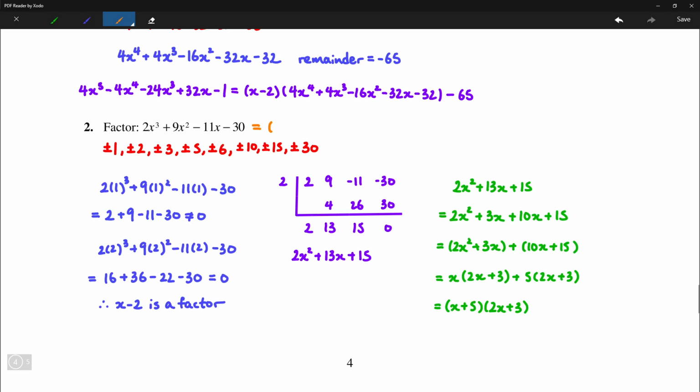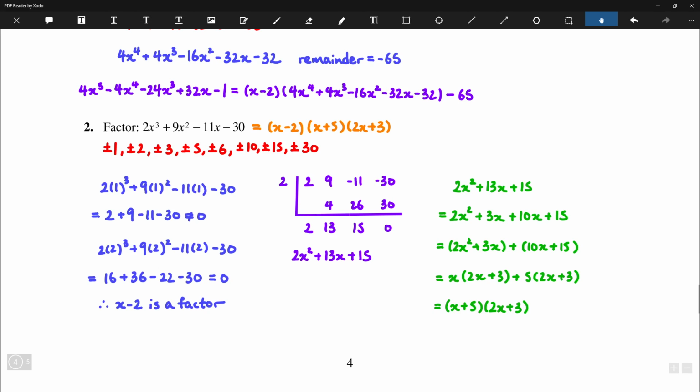The first one was x minus 2, from the combination of the integral zero theorem and the remainder theorem, after which we divided, and then we have 2x squared plus 13x plus 15, which we factored into x plus 5 and 2x plus 3. And that is the original polynomial factored completely.